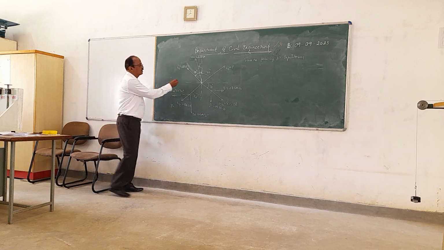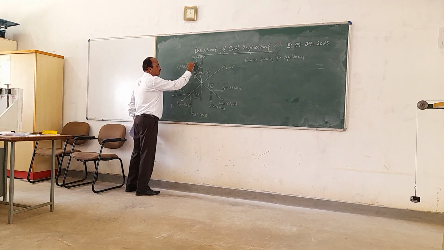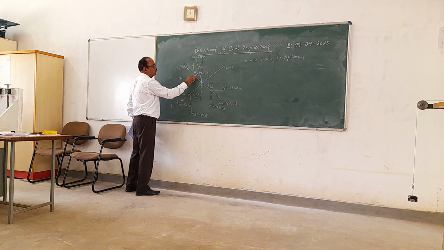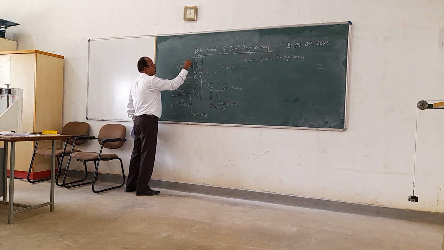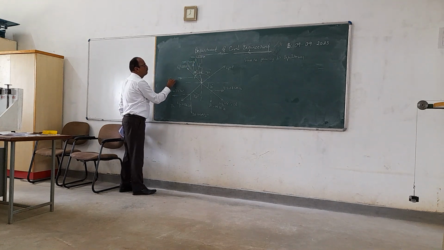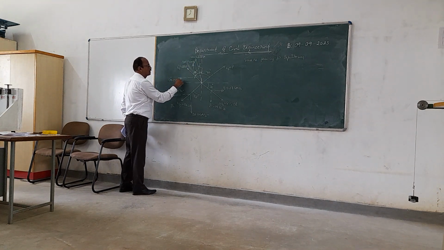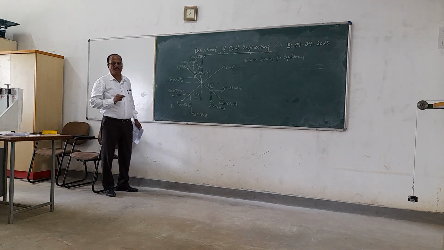Correct? Then what are the components of this force? See, these are the components. Now you can observe that this angle is with respect to vertical. Therefore, this becomes a cosine function. 218.23 cos of 76 degrees and this one is 218.23 sin of 76 degrees. Correct?